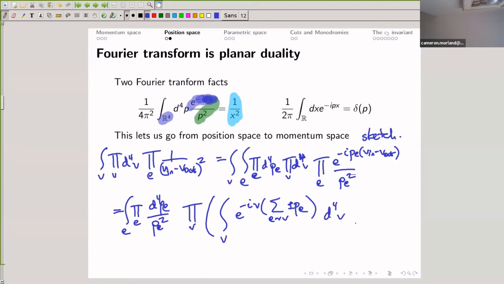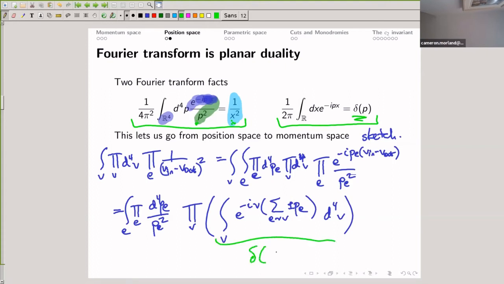D4v. And now that's kind of nice because I'm assuming you don't remember any Fourier transforms, and certainly I didn't when I sat down to start thinking about these things. But we had 2 facts. One was the nice fact that 1 over p squared goes to 1 over x squared. And the second fact is that if you Fourier transform 1, you get a Dirac delta function. And so that's exactly what's here.